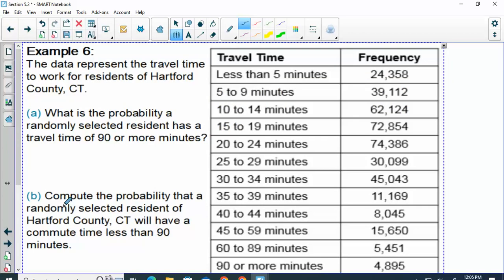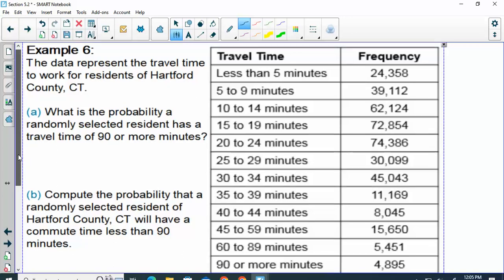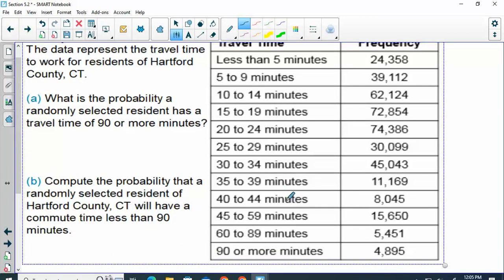All right. Let's look at this table. So this data is giving me travel time to work for residents of Hartford County, Connecticut. What is the probability a randomly selected resident has a travel time of 90 or more minutes? What am I going to have to do here? Add them all up. Testing your calculator skills here.